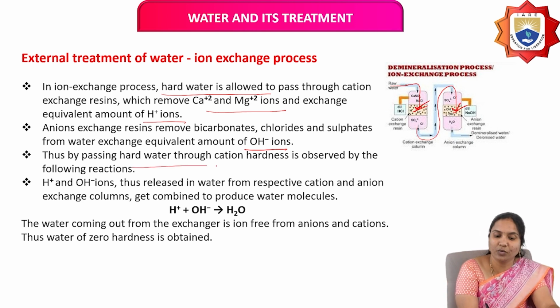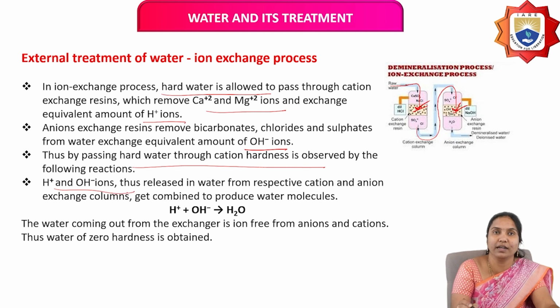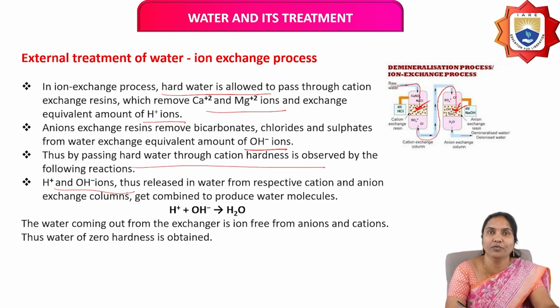Thus, by passing hard water through the cation exchanger, hardness is absorbed by the following reaction. That means H plus and OH minus ions are released in water from the respective cation and anion exchange columns.